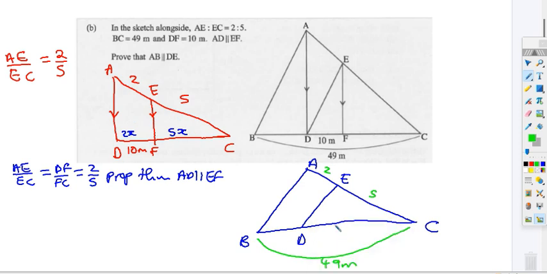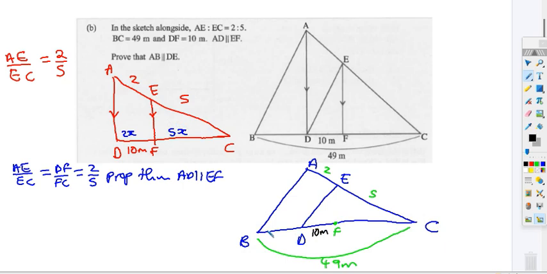And then we have an F somewhere here. This is F here, and if that is F, then here we have 10 meters, right? All right. This is 10 meters here.